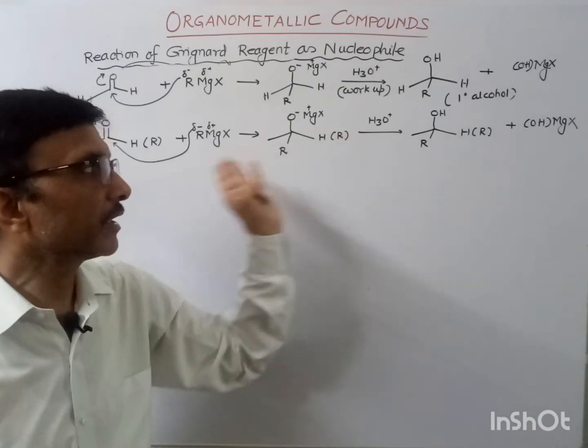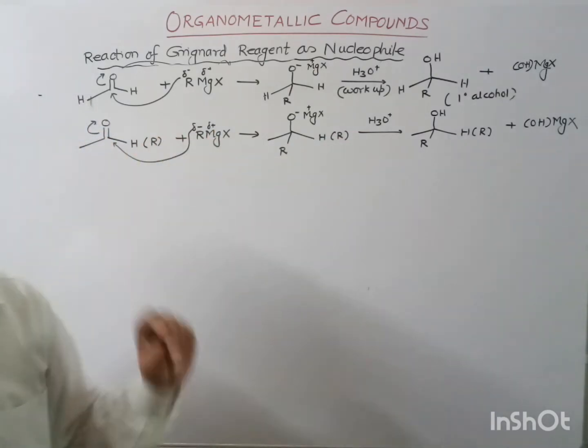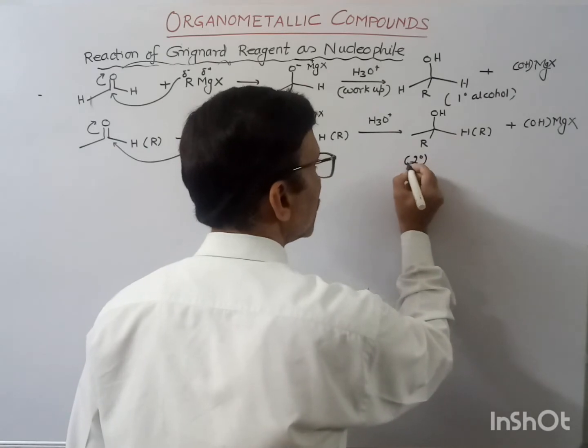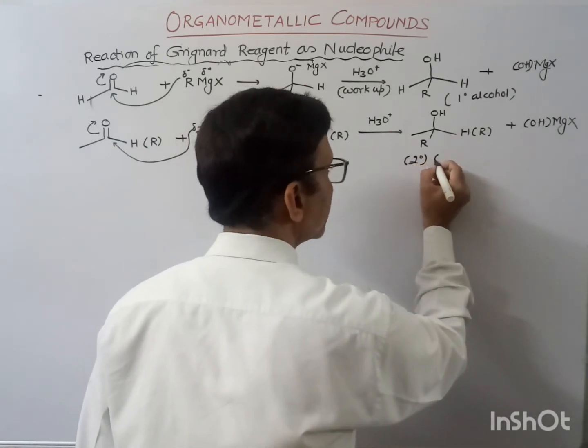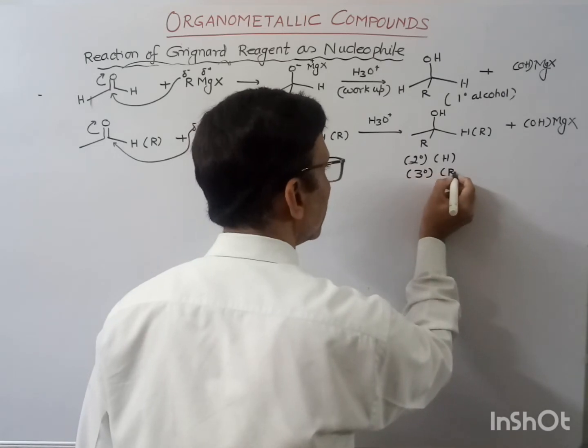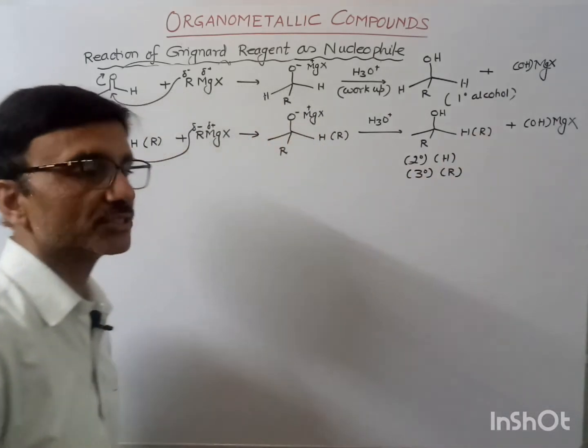If we are having a ketone, then a tertiary alcohol would be formed. So either a secondary alcohol when we have this H, or a tertiary alcohol would be formed when we are having this R in place of this H.